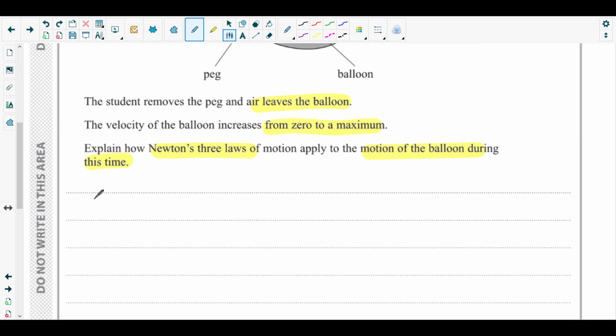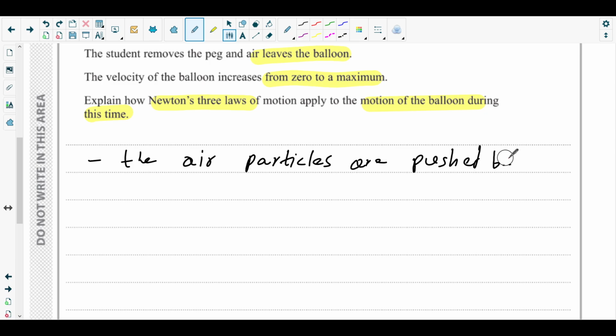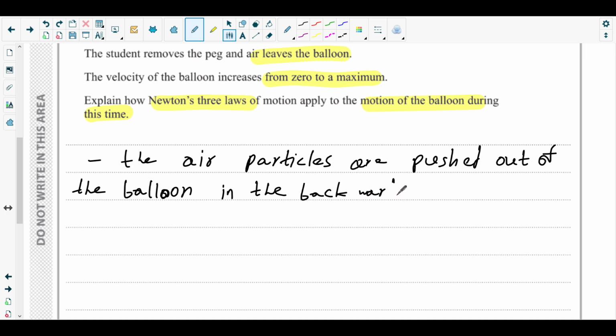So we can write the first starting. In the beginning, the air particles are pushed out of the balloon in the backward direction, right?